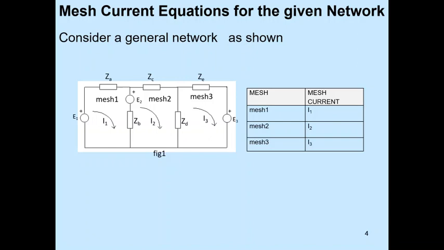So 3 mesh currents are there: mesh 1 I1, mesh 2 I2 and mesh 3 I3. Like that, we are identifying the meshes. From the formula, we identified the 3 meshes, and the currents are I1, I2, I3.